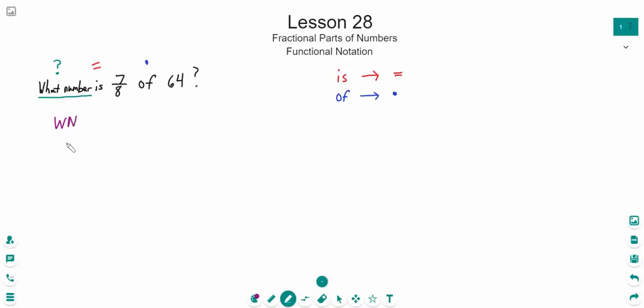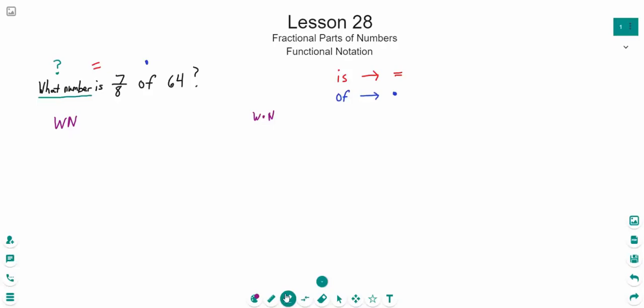Now, don't get confused here. This WN in this particular case is not meant to represent W times N, like variables have in the past. We're considering this as one solid variable. There is no multiplication being done between these two. It's just two letters being used to represent one variable.